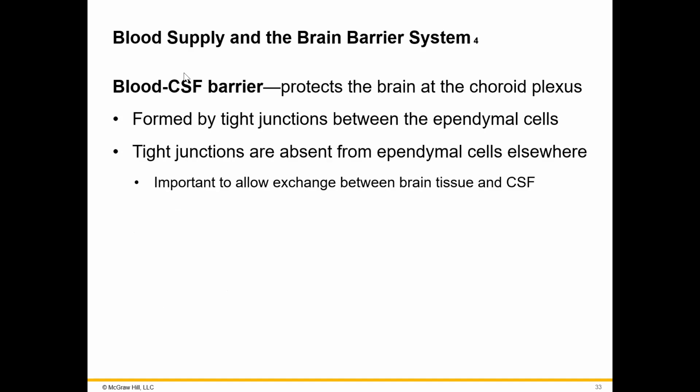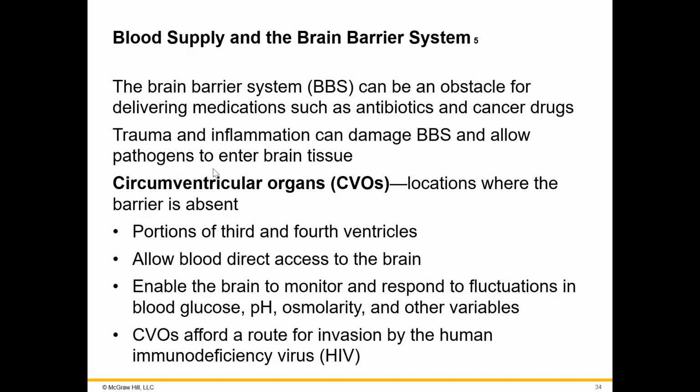The blood-cerebrospinal fluid barrier protects the brain at the choroid plexus. These are formed by tight junctions between the ependymal cells, and these tight junctions are absent from the ependymal cells elsewhere.